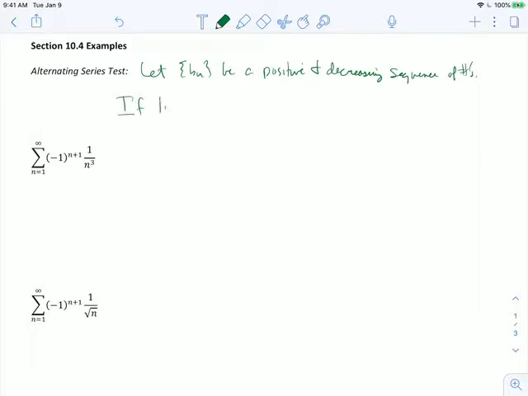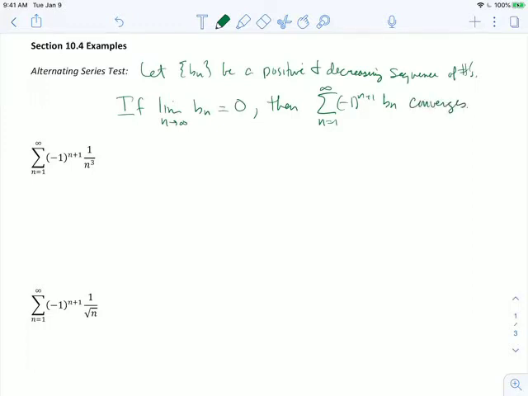Then we're going to look in that case at the limit as n goes to infinity of b sub n, and if that limit is 0, then the series summation n equals 1 to infinity of (-1)^(n+1) b sub n is going to be a convergent series.